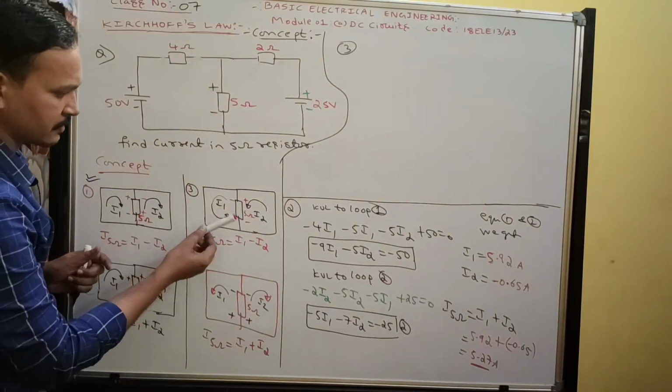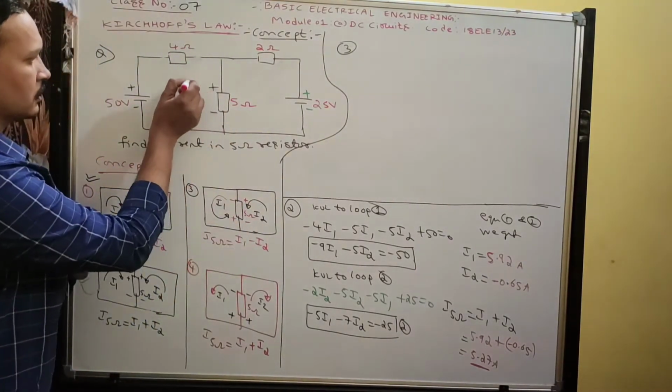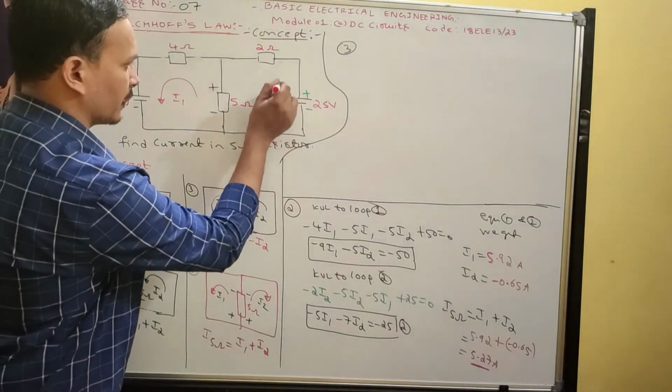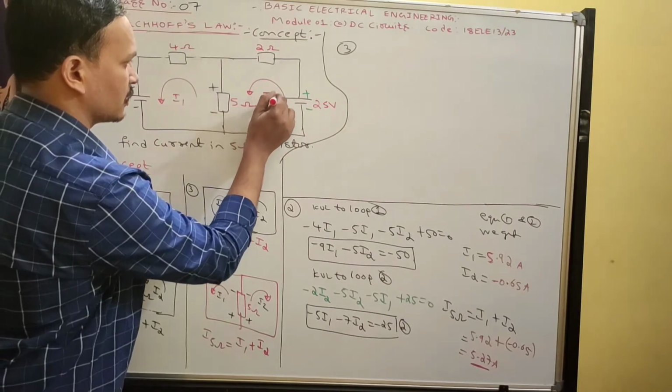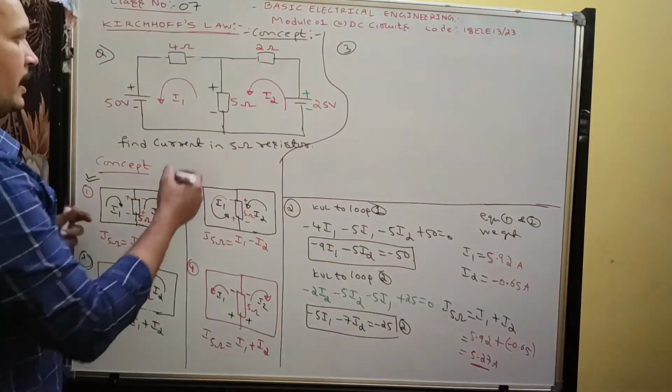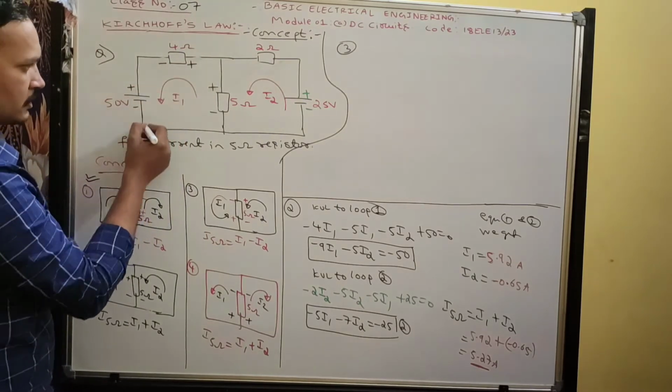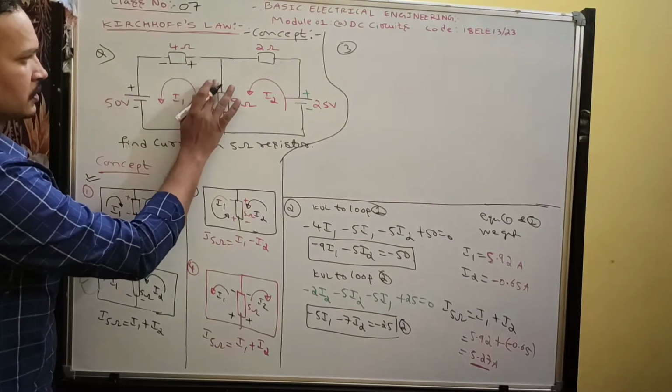Now take these directions. What is the I1 direction? Anti-clockwise, I1. What about this one? That is also anti-clockwise, I2. Now mark the sign convention for loop 1: entering plus, leaves minus.